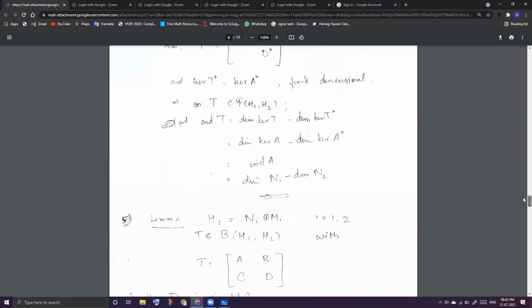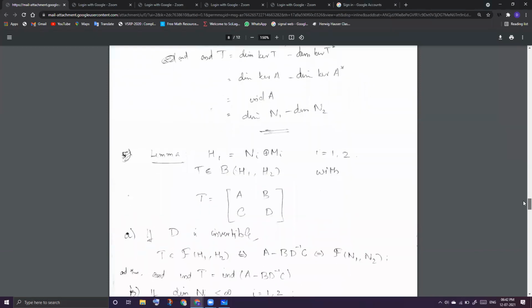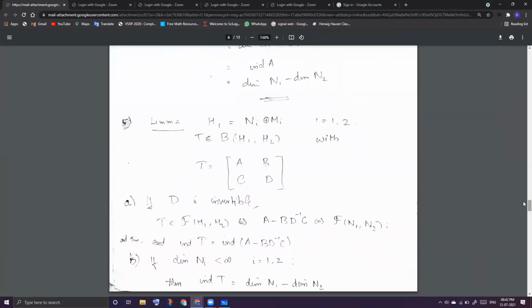So for an operator, that's known as a lemma. What we are trying to do is relate an operator T to an operator from a subspace to a subspace.